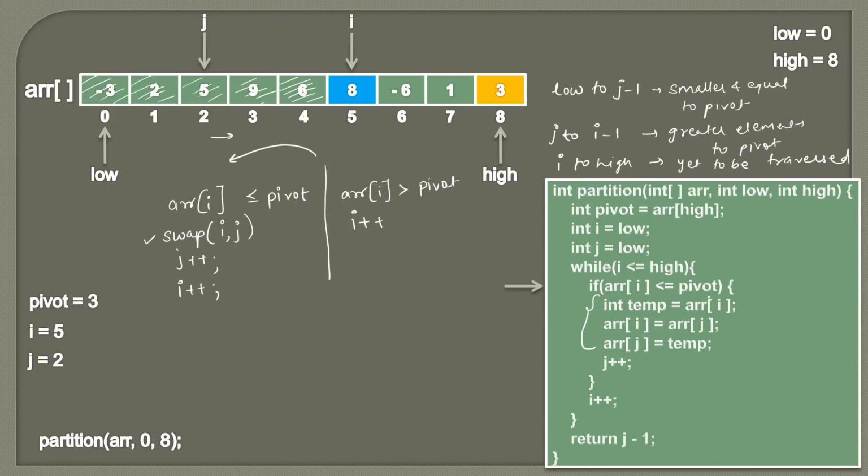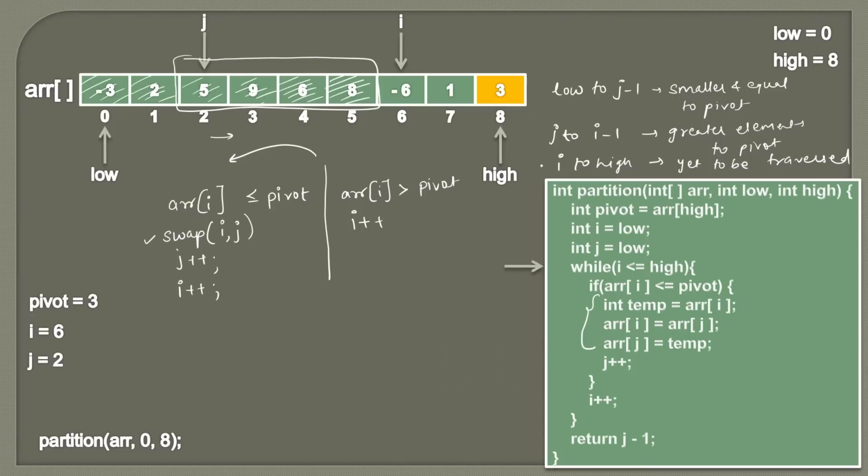Therefore the swap condition comes out to be false. And as array of i is greater than pivot, we do nothing. We simply traverse i ahead. i becomes 6. And this element becomes part of our greater elements range, from j to i-1.